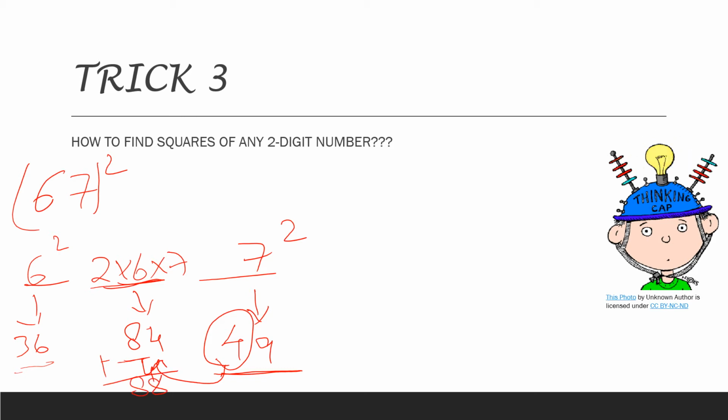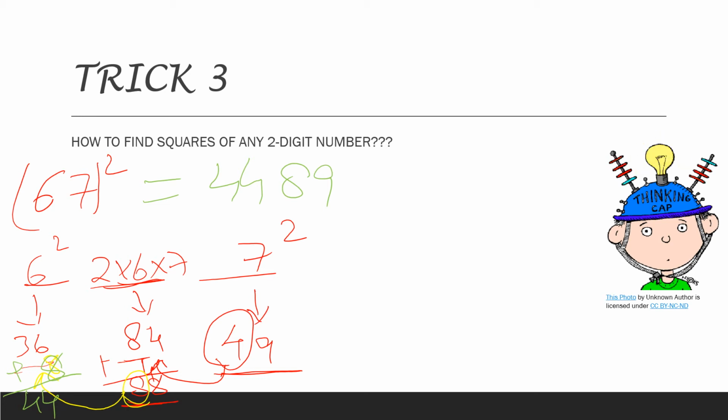In this 88 it's still a double digit number, so we take this 8 and add it to 36. When you add it, you get 44, and your answer to 67 square is 4489. So this is the easy way to find the squares of any two-digit number.